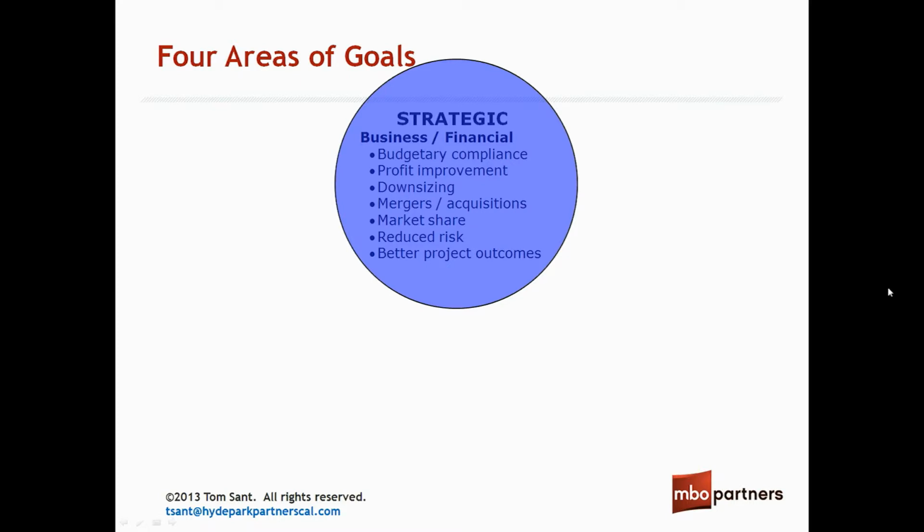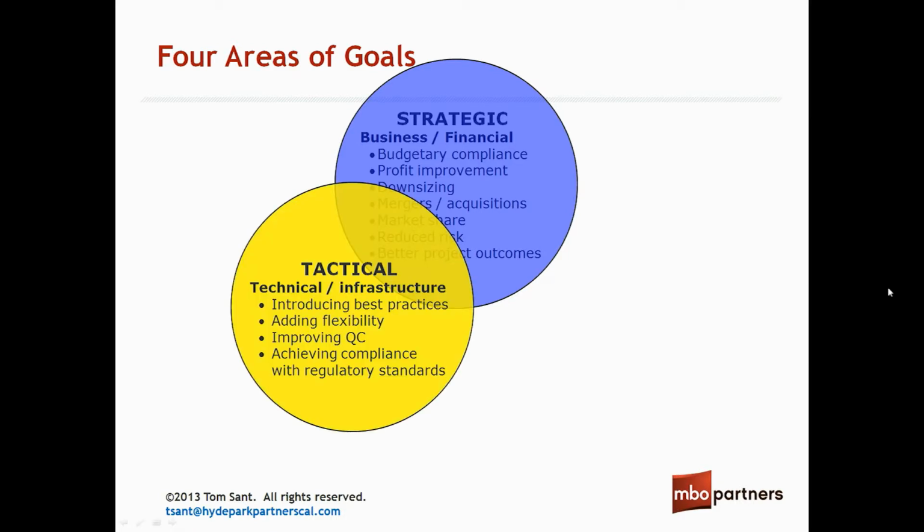But that's not the only thing decision makers look for. Sometimes they're looking for what we might call tactical outcomes. These are outcomes which reflect improvements in the technology or the infrastructure of the organization. So implementing best practices, eliminating non-productive steps from a process, automating something that's labor-intensive, improving quality control and reducing errors, achieving compliance with regulatory standards.